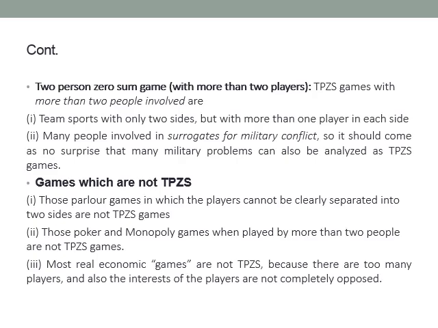Two-person zero-sum game with more than two players. TPZS games with more than two people involved are, for example, team sports with only two sides but with more than one player on each side. This is an example: a football team, for example.